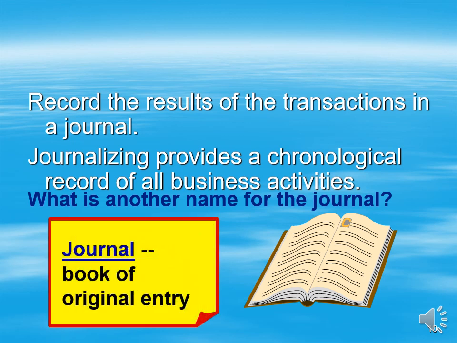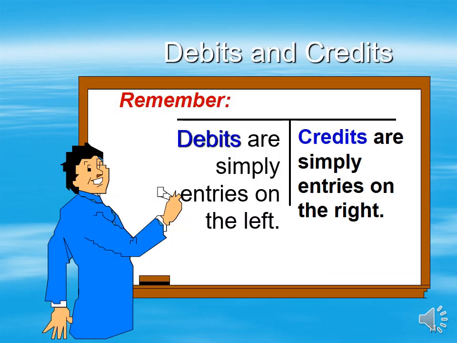In this course, you have to know how to prepare the general journal only. All business transactions will be recorded in the general journal. To do the general journal, you have to know the rules of debit and credit. Debit means left, credit means right.